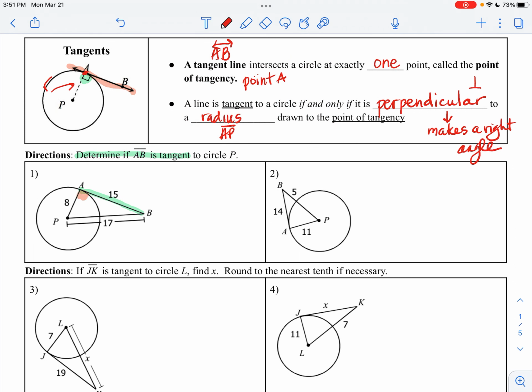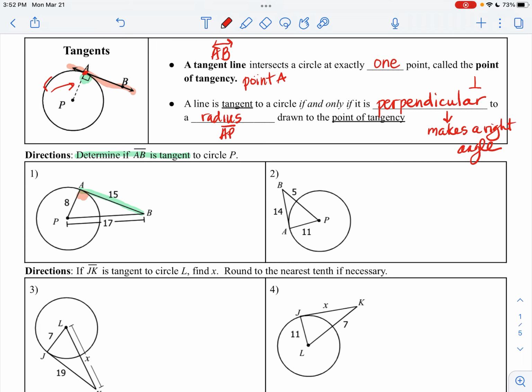So at this point, we don't know. So how can we show this? Well, if you notice, we have a triangle there with sides 8, 15, and 17. If we can show that the triangle is a right triangle, then we can show that A is a right angle. And we can use the converse of the Pythagorean theorem to show if this is a right triangle.